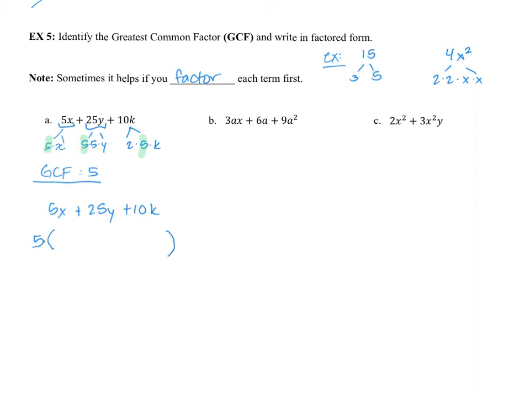So if I take a 5 out from 5x, what's left? Well, just the x is left over. So I'm going to go ahead and write in that x. And then, if I decide to factor out the 5 from this group, what's left over? Just the 5y.